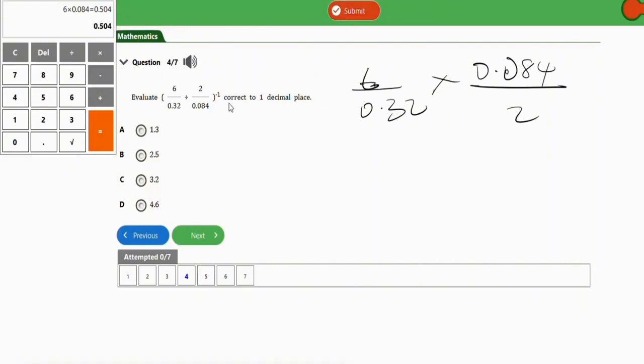Right now, let's simplify the output of 0.32 times 2. Remember, we have 0.504, let's leave it. So 0.32 times 2. What do we have? 0.64.